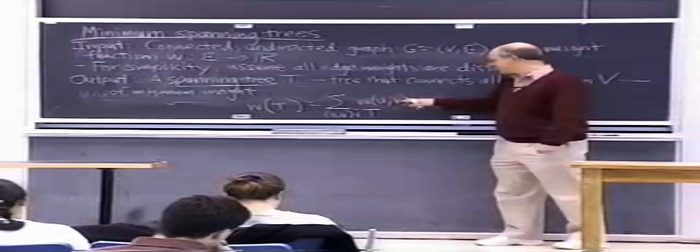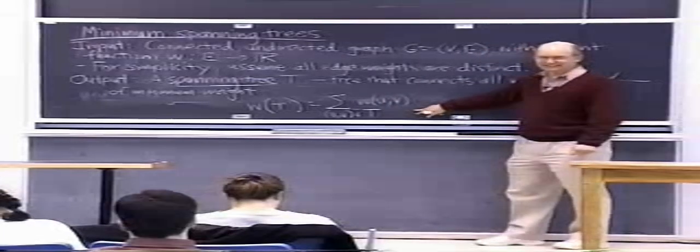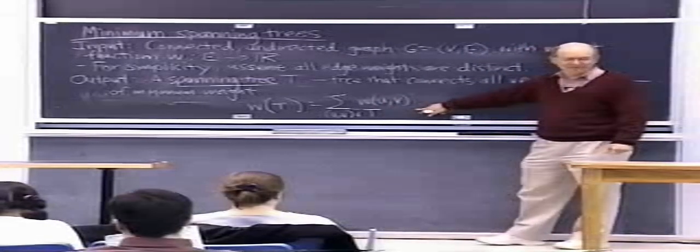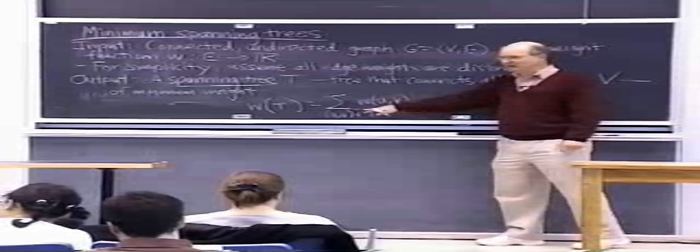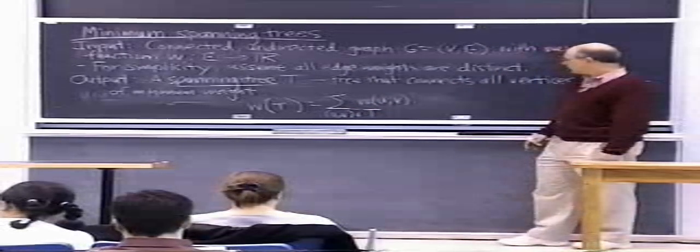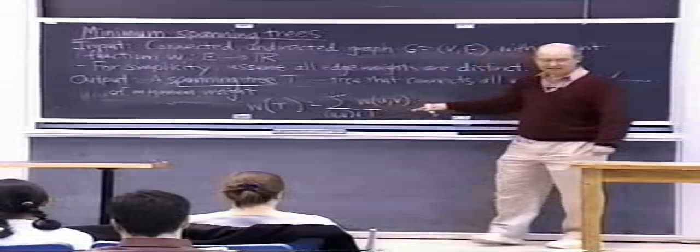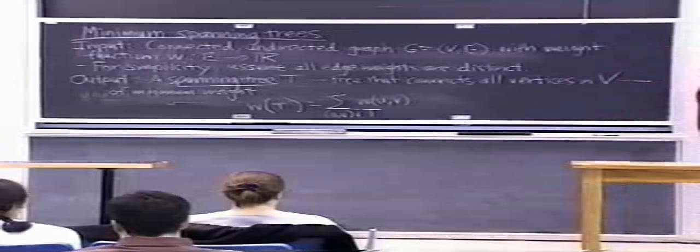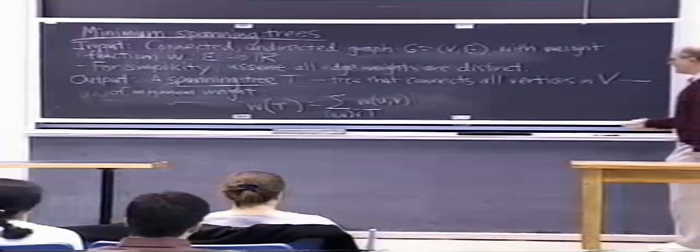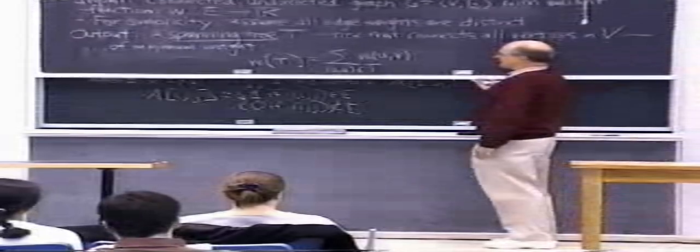So I'm going to omit the extra level of parentheses, and I hope nobody will get confused about the type of this thing. This is a weight of an edge. So the weight of the whole tree is just the sum over all the edges in the tree of its constituent weights.